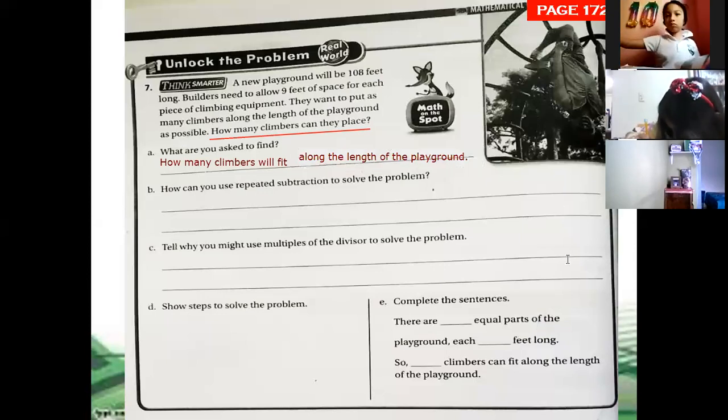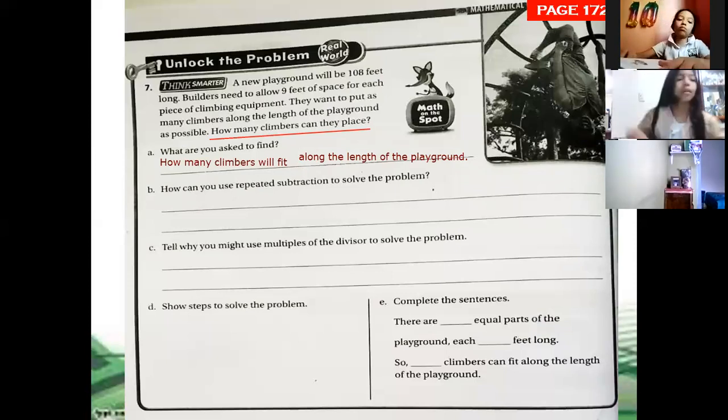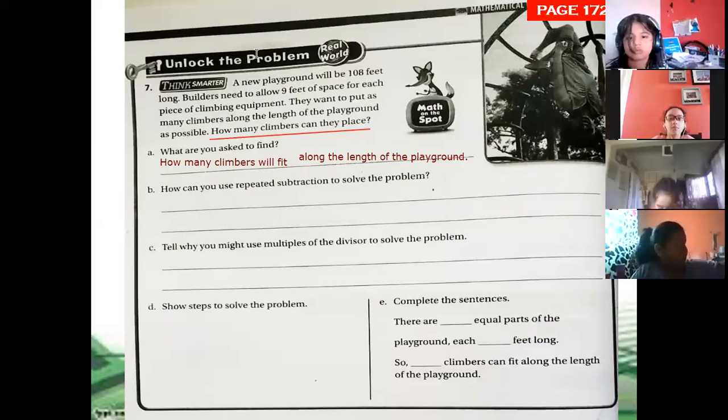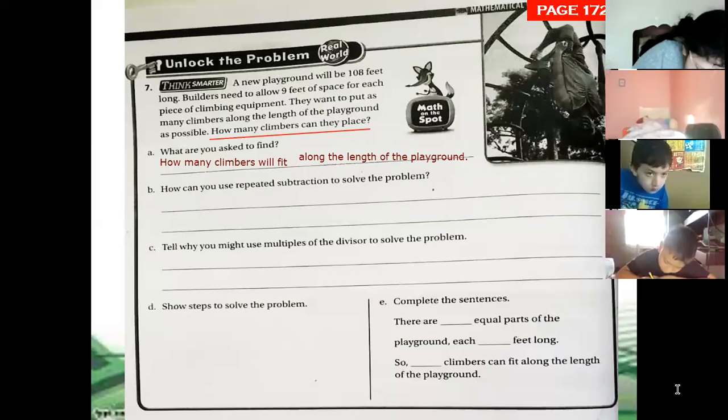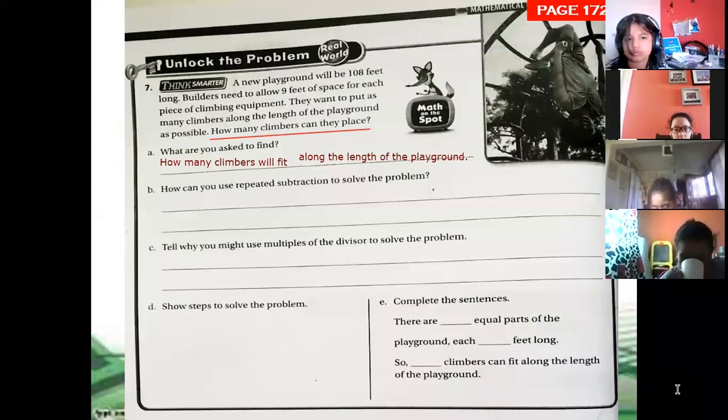Hello, Sebastian. No answer from him. Okay. Number 2. Gabriel, show me your book, please. Okay. Isabella, did you finish?